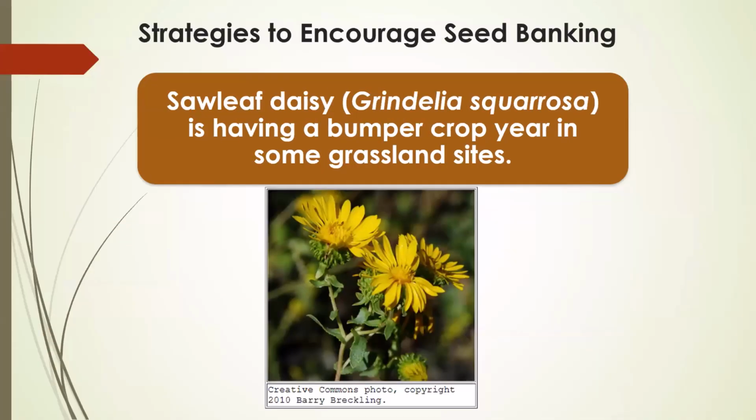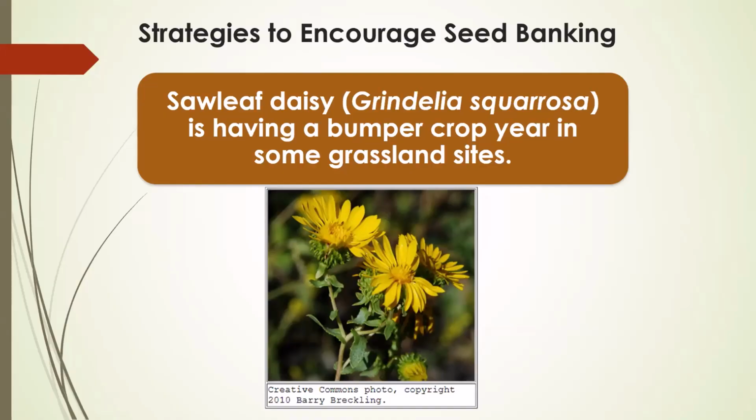One example of a bumper crop year, and I'm looking at this from the South Plains and up into the Panhandle, is sawleaf daisy, which is an annual in the sunflower family. It appears to be having a bumper crop year on some sites. I have seen hundreds and hundreds of acres of it throughout the region, from as far south as Midland all the way up near Amarillo.